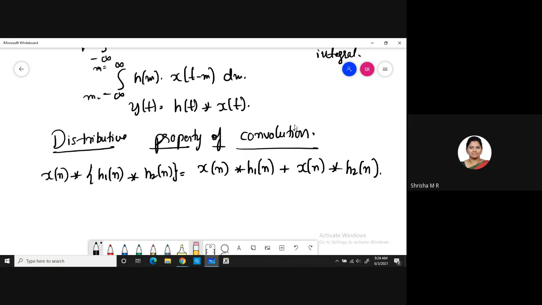This is the distributive property for convolution. Okay, this is for discrete time signals. This is plus here.